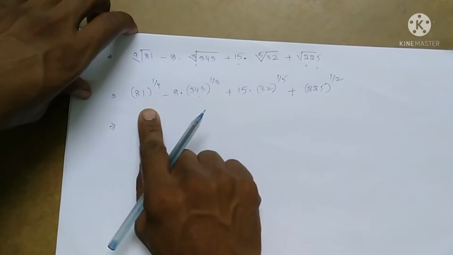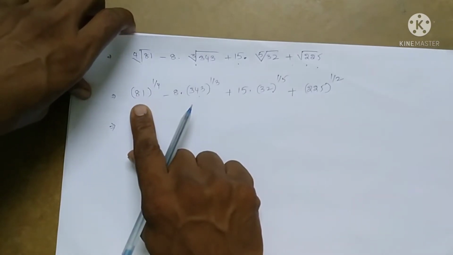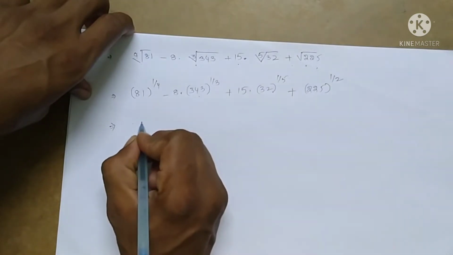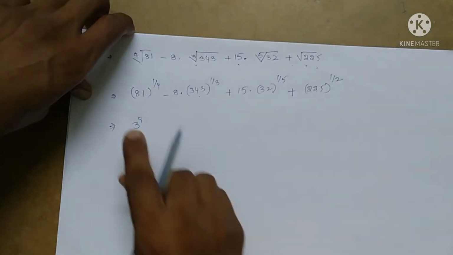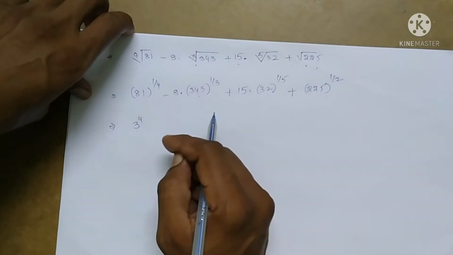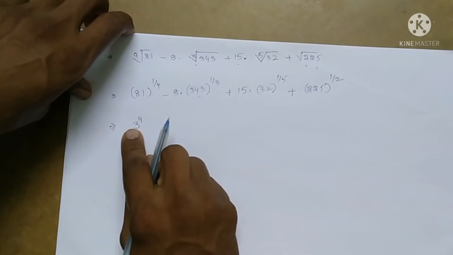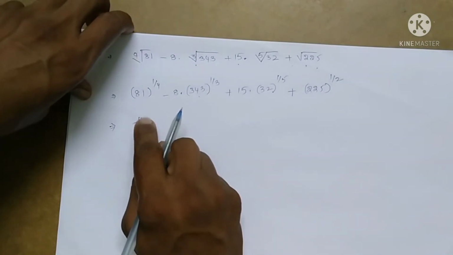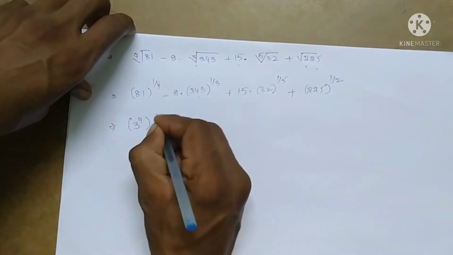Here 81: let's change it into exponent form and maintain the index as 4. So here we can take 3 to the power of 4, right? 3 to the power of 4 means 3 3s are 9, 9 3s are 27, 27 3s are 81. So whole to the power of 1 by 4.